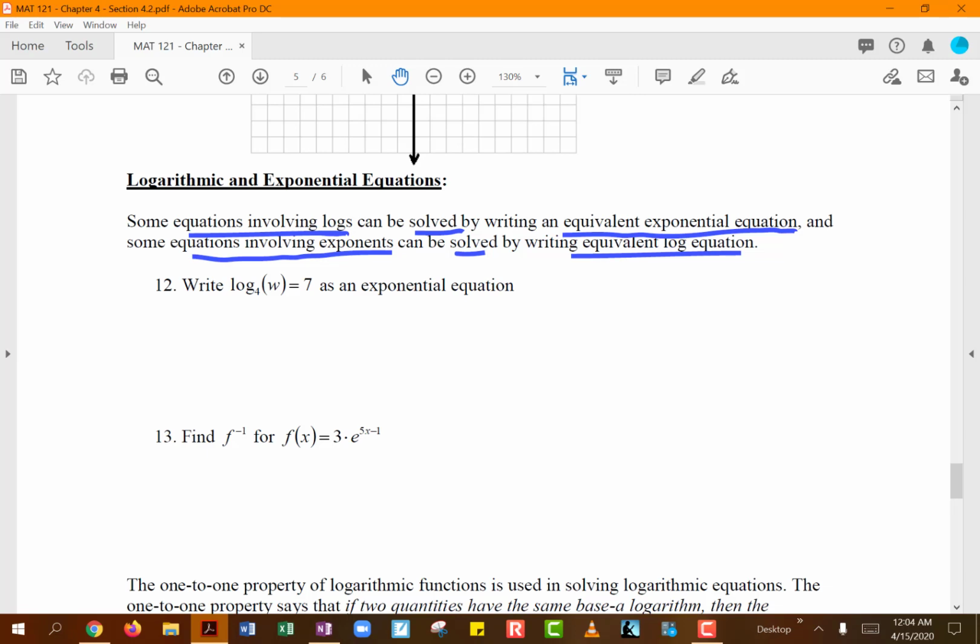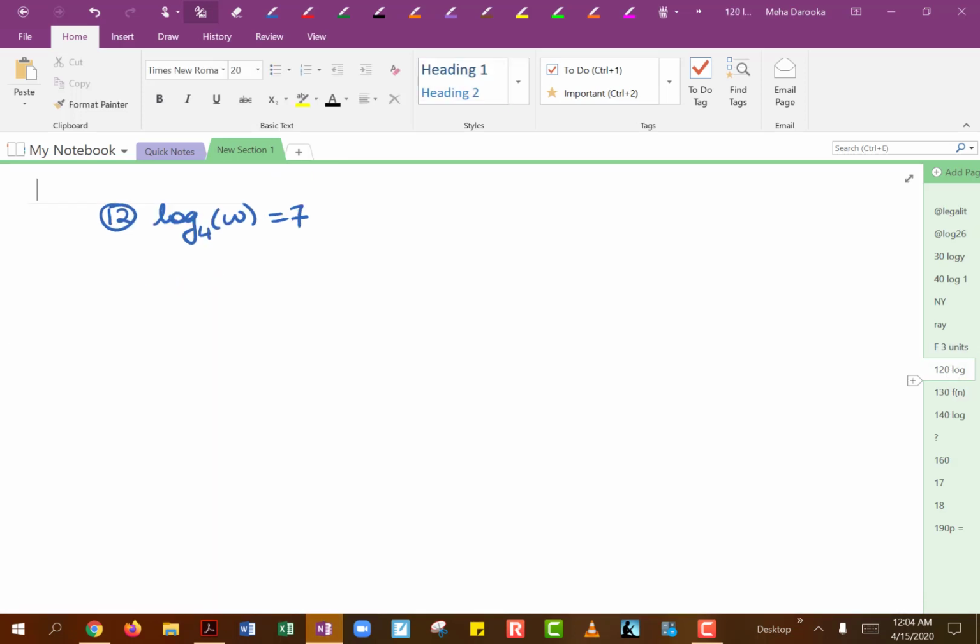So we are given log of w with base 4 equals 7. So remember our conversion. When you are given log of x with base a equals y, that ends up becoming a raised to the value of y equals x.